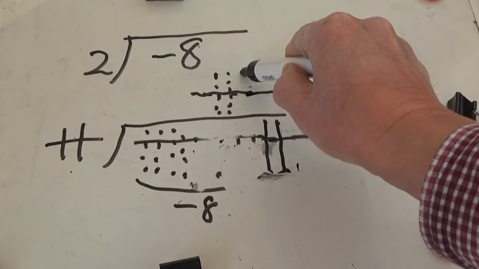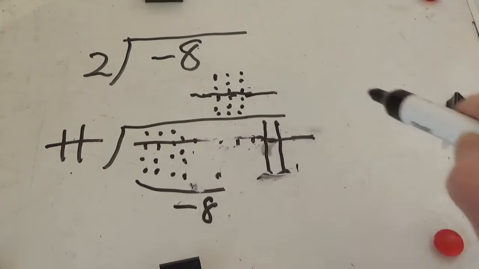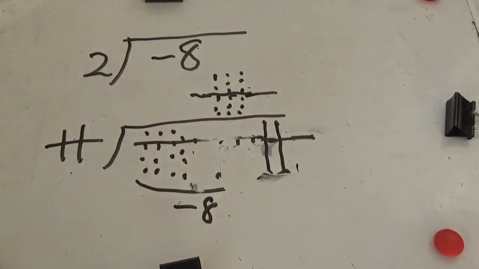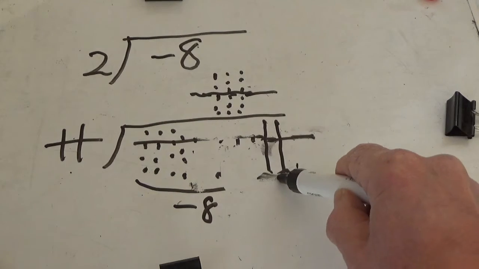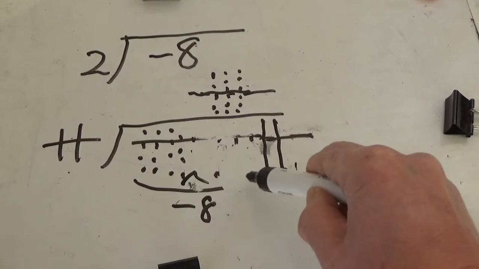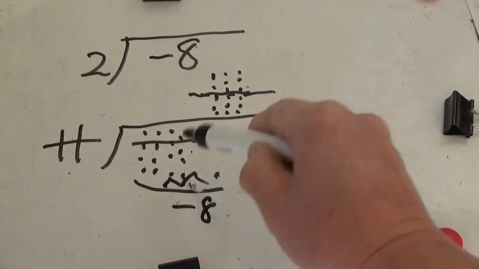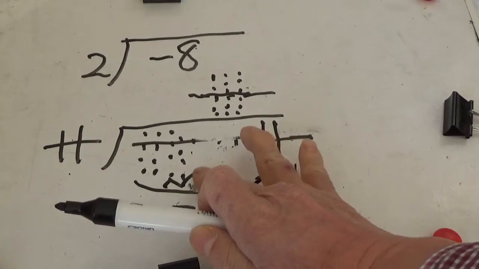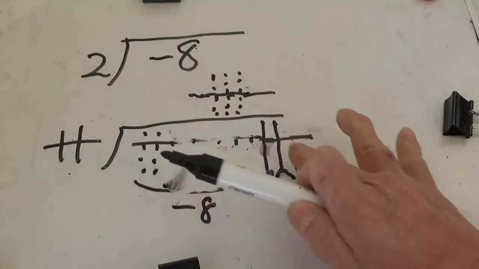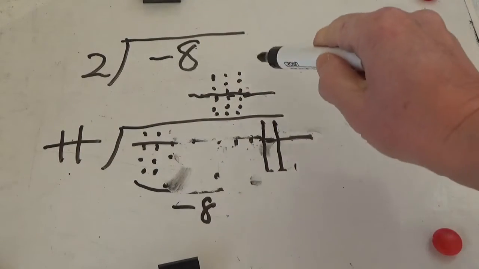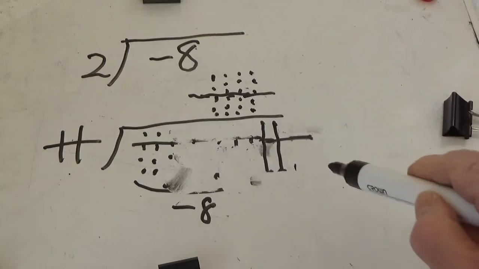I will add 2 once more. So this vanishes and this vanishes. Okay, so it nearly becomes 0.